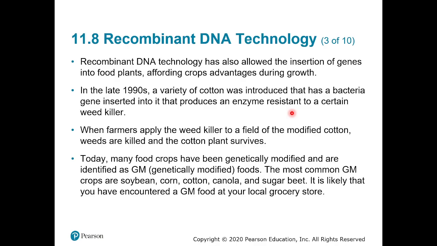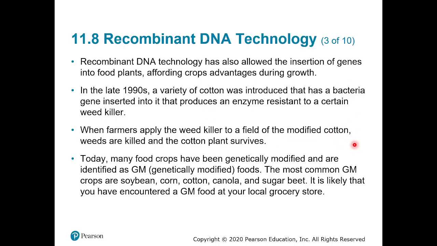So in the late 1990s, a variety of cotton was introduced that has a bacterial gene inserted. This produced an enzyme that was resistant to weed killers, and so you can plant that cotton and then spray weed killer around it to kill all the weeds. Whether that's a good thing or bad thing, I'll let you decide yourself. You can look up the relevant issues if you'd like.